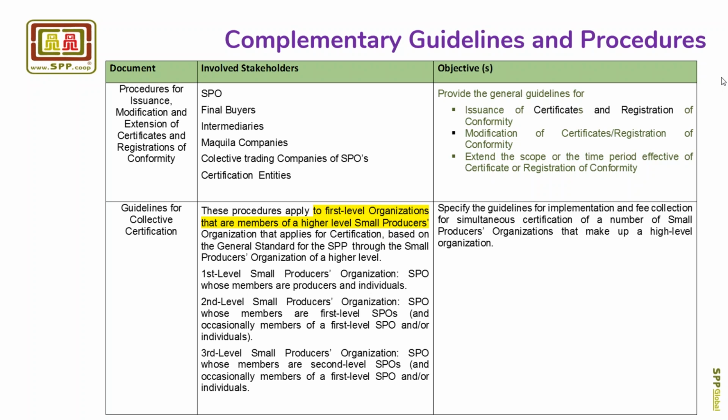That's why they are going to use this option, the guidelines for collective certification, in which they can decide which of the 300 first level organizations would be involved in the SPP transactions. I think they are 15 organizations of those 300.